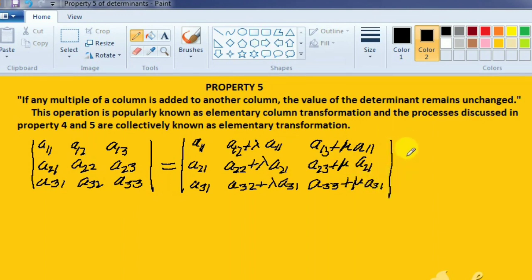Determinant closed. So here we have carried out the operations C2 plus lambda times C1 and C3 plus mu times C1. So this is called elementary column transformation, and it doesn't affect the value of the determinant.